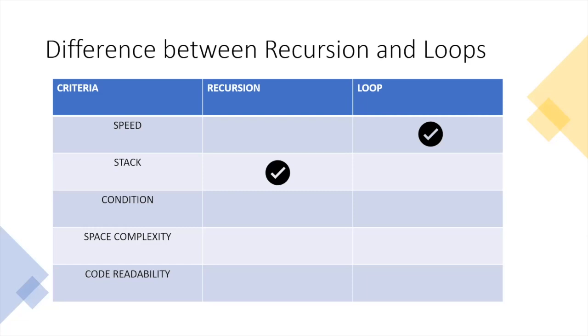What I mean by this is how many conditional expressions each holds. We have two conditional expressions in recursion and one in a loop. In recursion, we have the base case and the recursive case, whereas for loops, for example, for loops, we just have one condition in the middle which will help us know whether we have to continue or terminate. When it comes to space complexity, recursion is better, and when it comes to code readability, recursion is better.